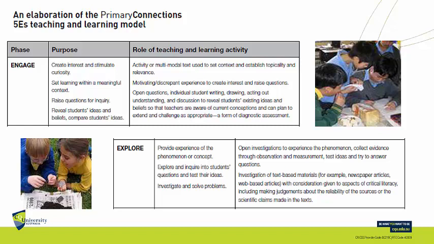Where possible, however, do try to take students out to do science, and try to have the students acting as scientists as well as thinking as scientists. I know it's not possible all the time, given the limitations of equipment, but it's fabulous if students can do hands-on work. The investigation of text-based materials, newspaper articles, web articles, with consideration given to aspects of critical literacy and other related competencies, making judgments about the reliability of the sources or the scientific claims made in the text.